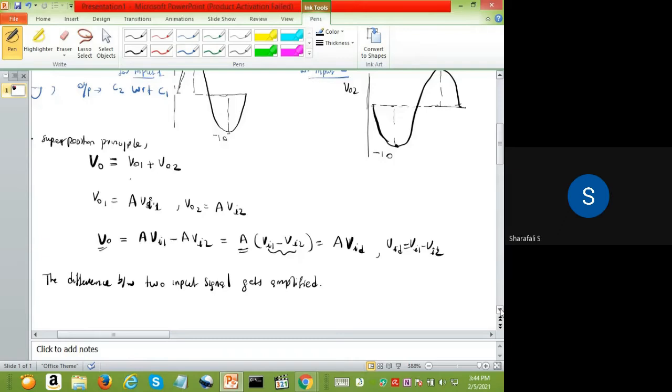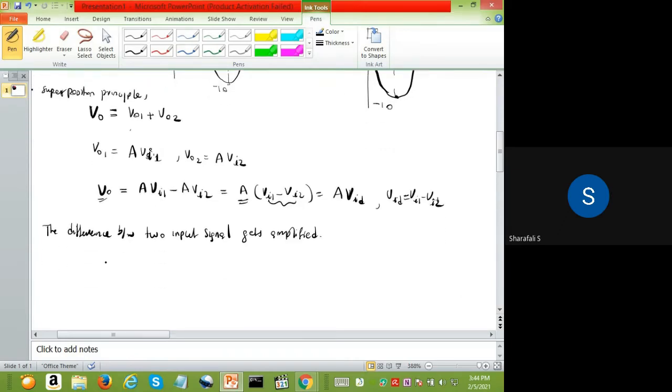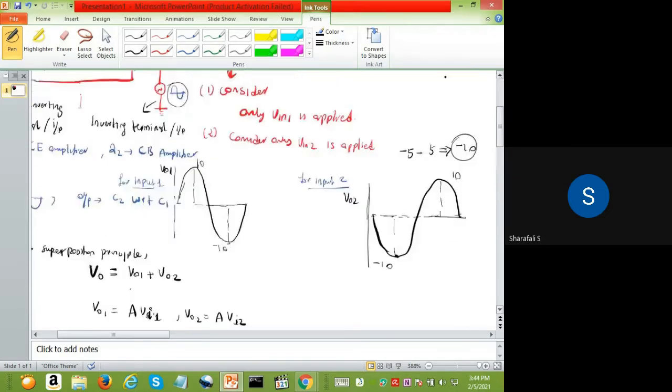So here the gain of this, if you consider the first case, gain will be RC by 2 RE dash, which we saw in the last class, which corresponds to that single common emitter amplifier.